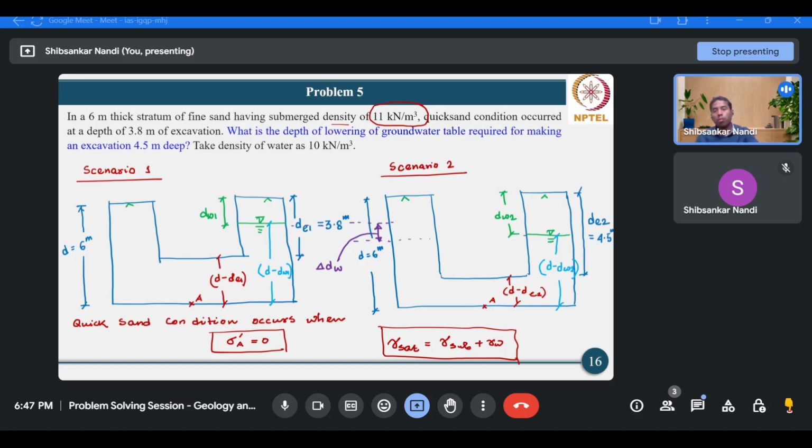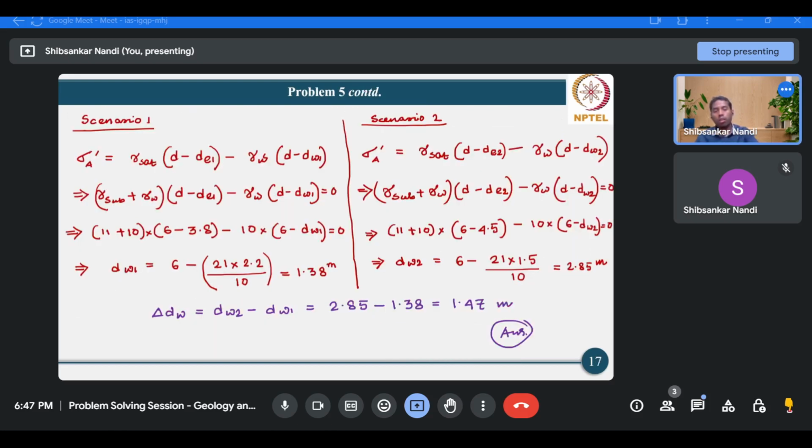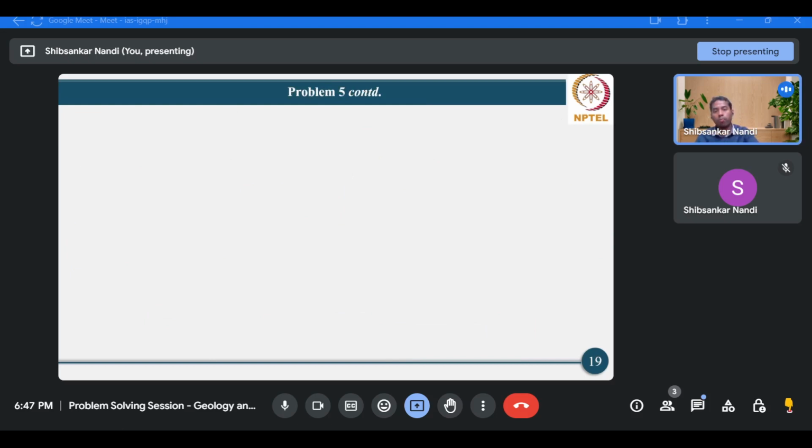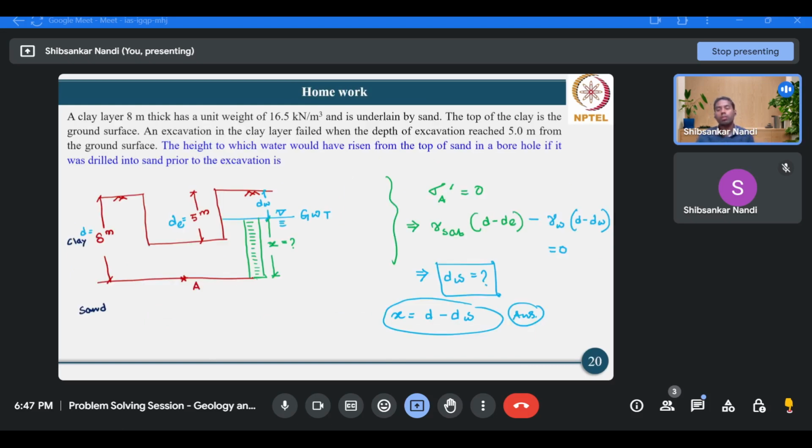So this problem is again framed in a different way for the homework problem. Here only one condition is talked about: when the depth of excavation reached a depth of 5 meter from the ground surface, the clay layer failed. The saturated unit weight of the clay layer and thickness of the clay layer were given.